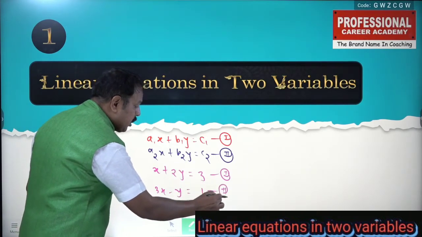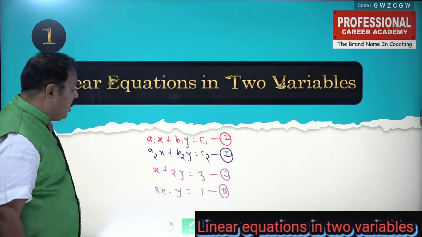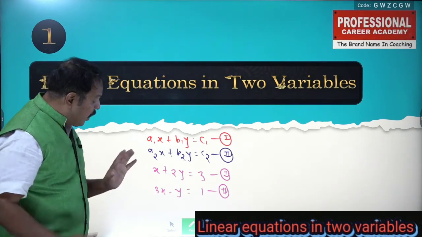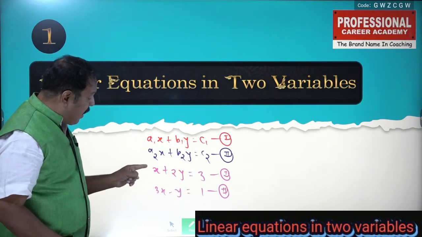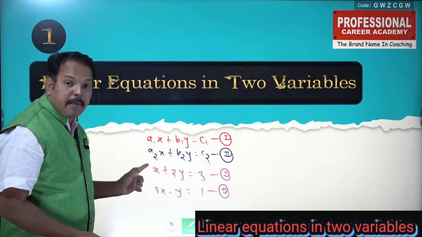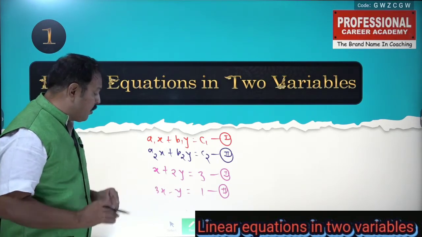Suppose this is equation number 2. Then the question arises, how to eliminate one of the variables by equating coefficients. So here there are two possibilities. We can multiply equation 1 by 3 so that it becomes 3x, and after that if the signs are different you can add. If the signs are the same you can subtract. This is one of the possibilities.